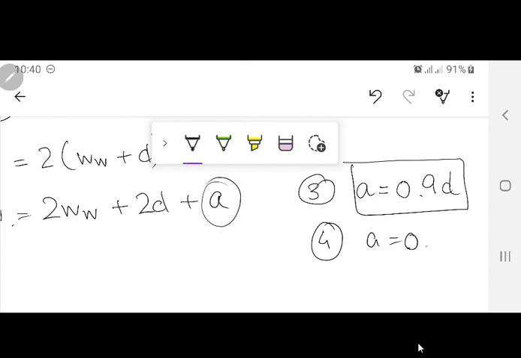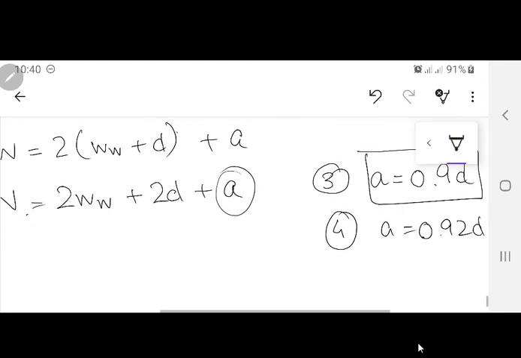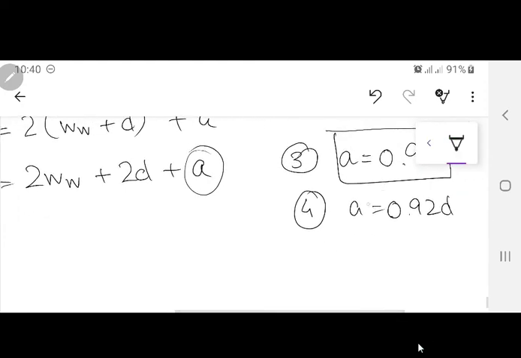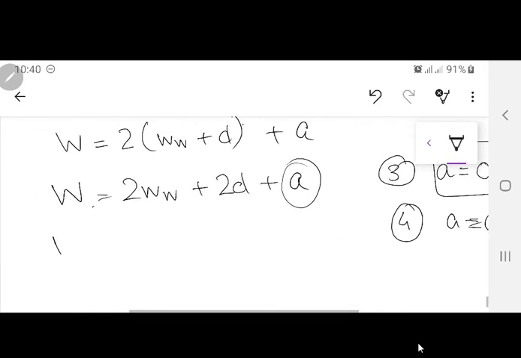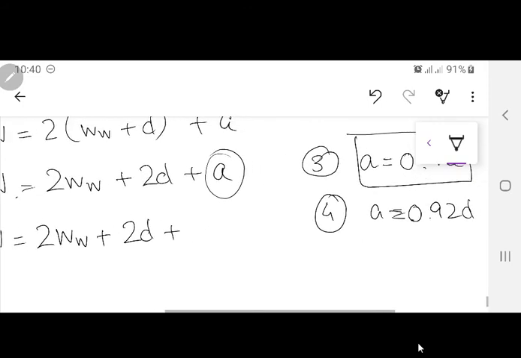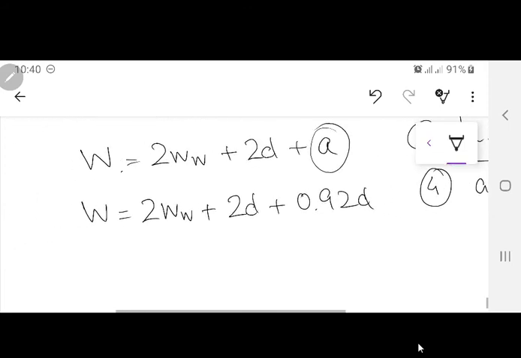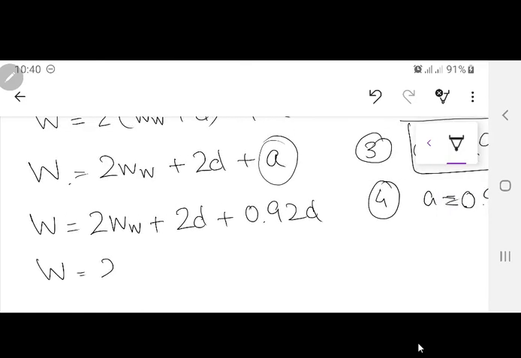So if I have this one as 0.92 D, this means that my width is equal to 2 times window width plus 2D plus 2 times 0.92 D. So window width is equal to 2 times the window width plus 2.92 D. See, what I can do to find out, I still don't know WW.